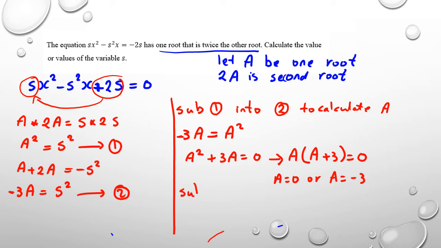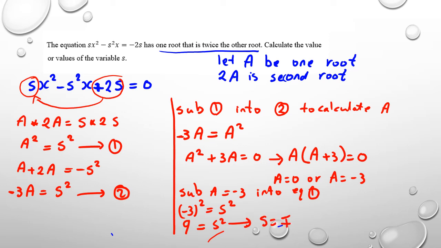Now substitute into equation 1, so simultaneous equations basically. That gives me negative 3 all squared is equal to s squared. So 9 equals s squared, and from there s equals positive or negative 3.